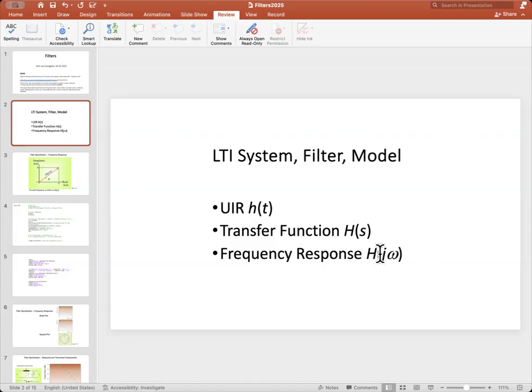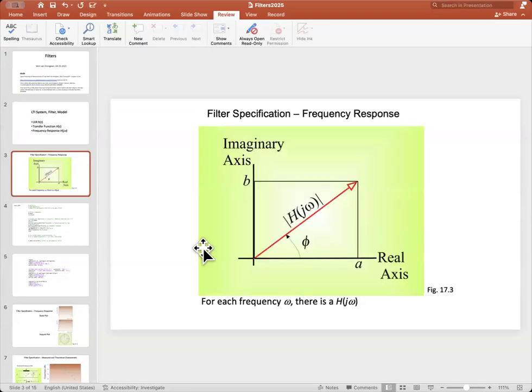And we get a value for H(jω) for each value of ω. That can be represented in the Argand plane as follows. We have the real axis and the imaginary axis. And for each frequency ω, we have a complex value.